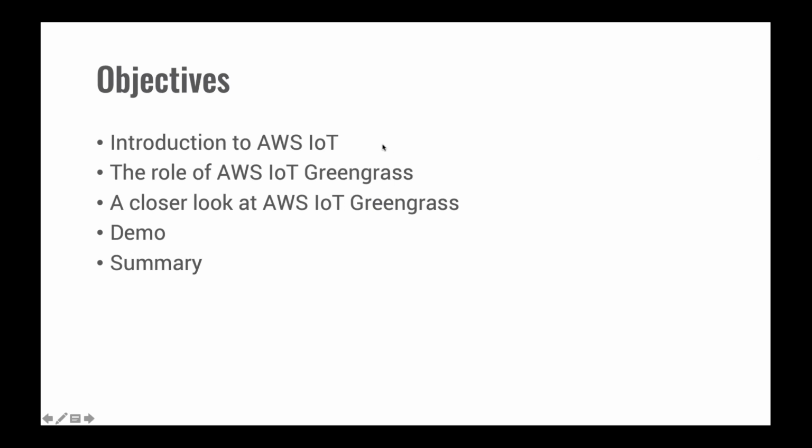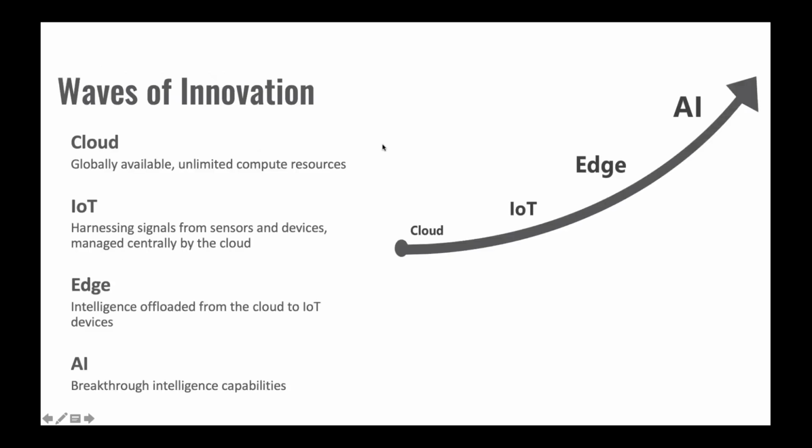When we look at the waves of innovation, it all started with cloud, which gave us abundant storage and compute, and that changed the game. That led to cloud providers like Microsoft, Amazon, and Google offering us Internet of Things as a platform. In the last 4 years, IoT has become one of the key drivers of the public cloud.